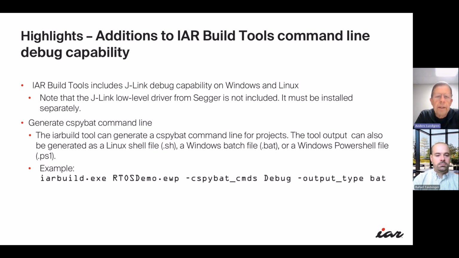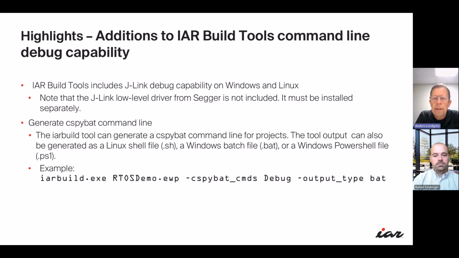We have also added a better mechanism to generate a cspybat command line from the IDE. You can do that by yourself. It's well described in the manual, but it can be a bit tricky. There are a lot of options to tell the debugger the details.